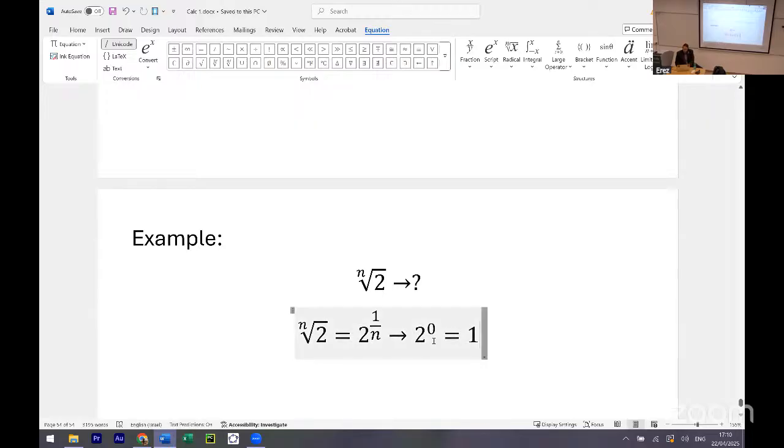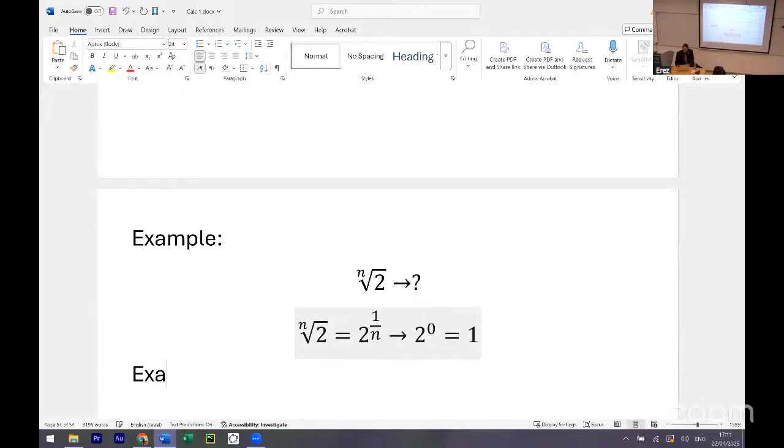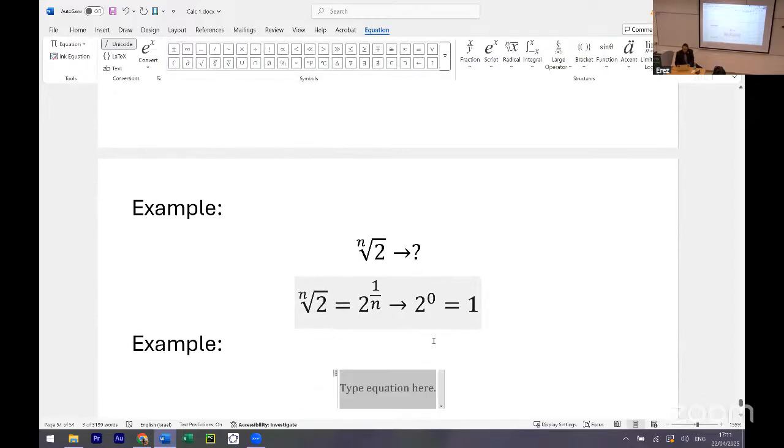Something which is a bit more interesting, I think. Example: what is the limit of the n root of n itself?